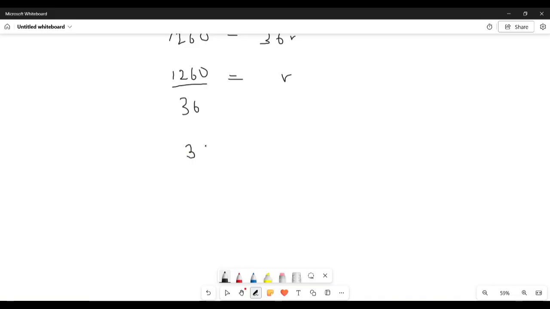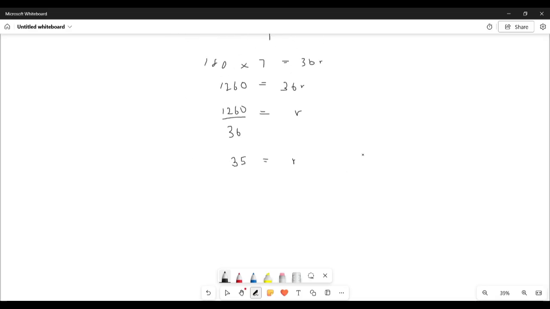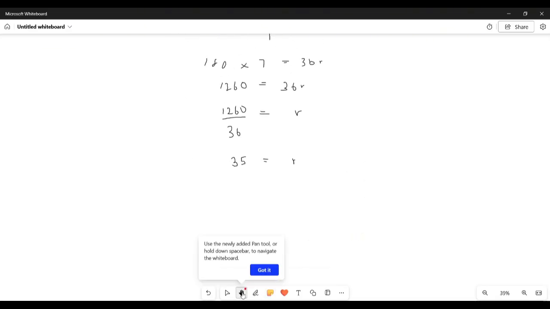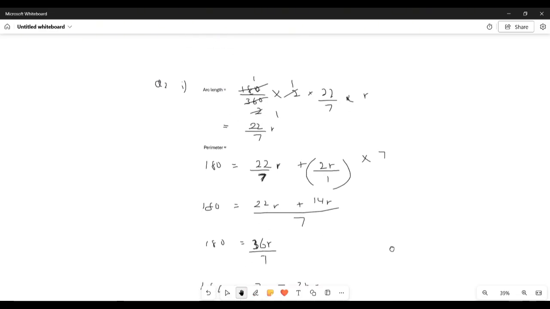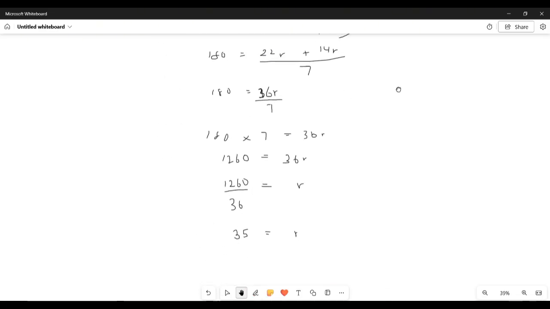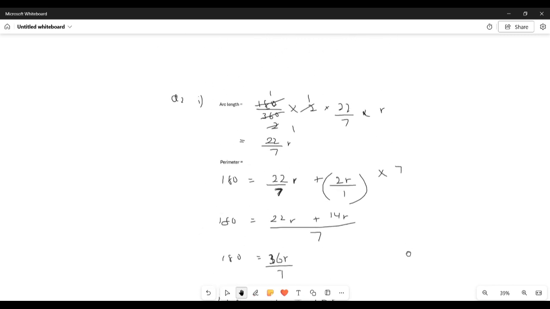Goodness. So what happened? The final output was what? The radius they gave me was 35. So 35 is the radius for question number 2, first part.